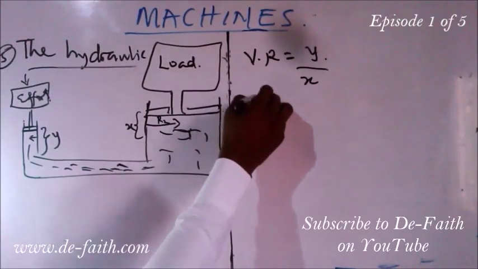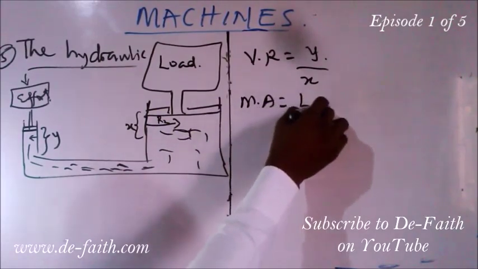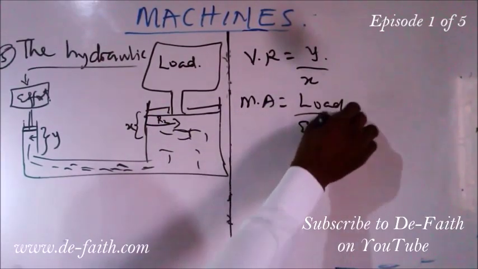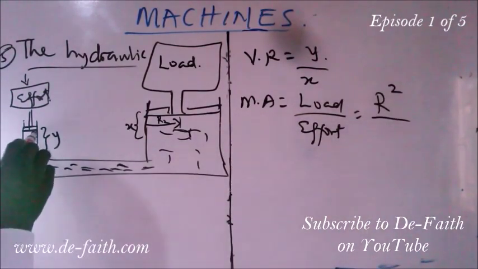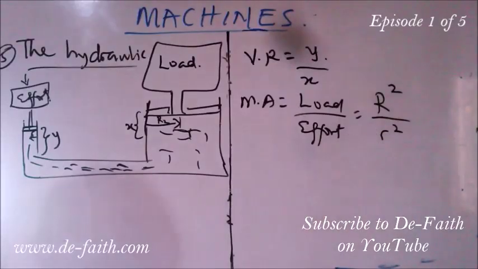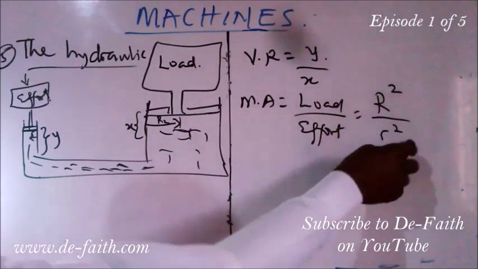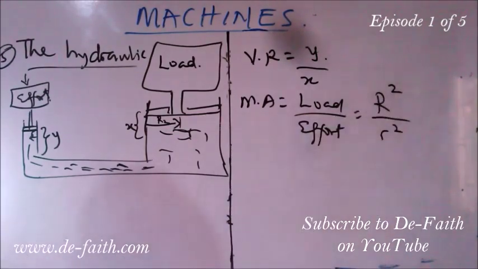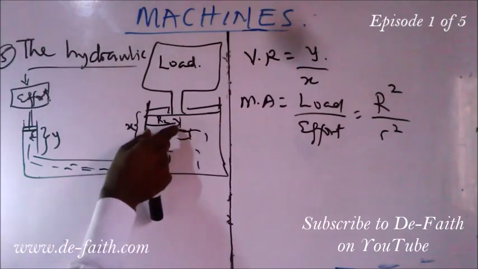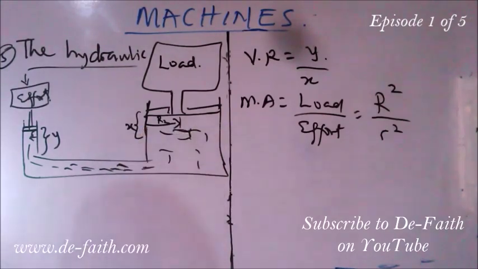And then the mechanical advantage can be gotten also by having the load over the effort, or at some time by squaring the radius at the large piston and squaring, let's say this is a small r, the radius at the small piston. This can give us our mechanical advantage. So the mechanical advantage is R squared over r squared, where capital R is the radius at the large piston, and this other small r squared is the radius at the smaller piston.